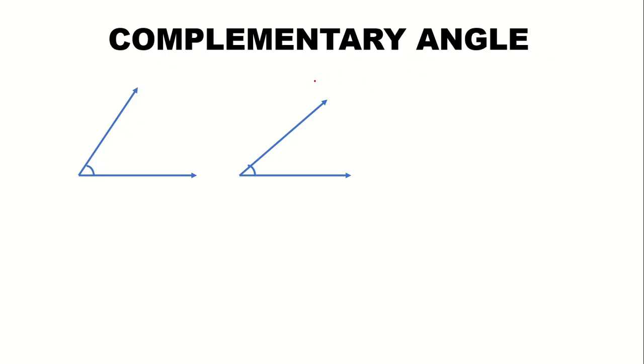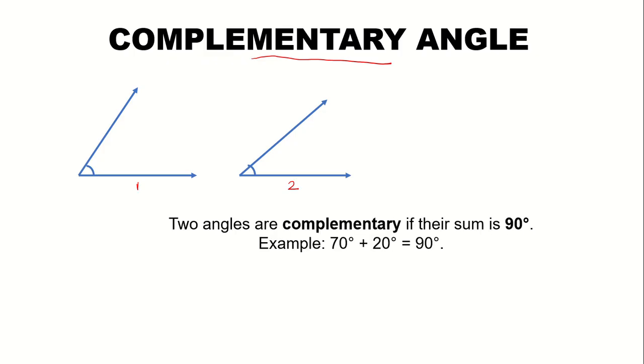Here is the first type, which is complementary angle. So as you can see, here are two angles. This is one individual angle and this is one other individual angle. So let's see the definition. What is a complementary angle? Two angles are complementary if their sum is 90 degrees.